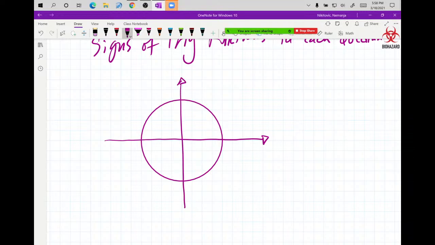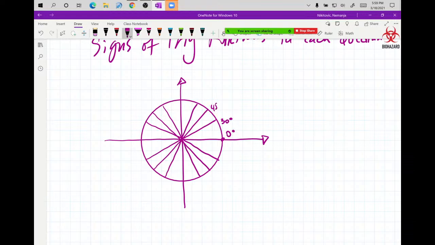Now, what we said on this unit circle, if I draw my divisions, there we go. And we said that that was 0 degrees, then there was 30 degrees and 45 degrees. Actually, no, I can't write them here. I need the coordinates there. Sorry. 0 degrees, 30 degrees, 45 degrees, 60 degrees, 90 degrees, and so on.